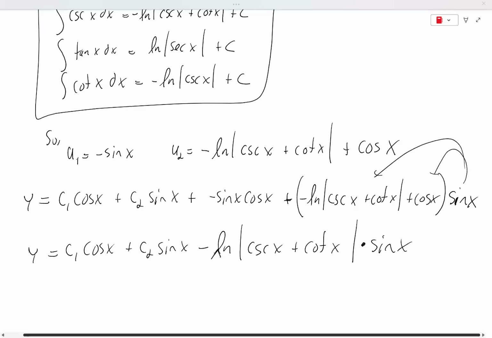Let's go back here. Okay, so let me switch back here then. I'm skipping that one.